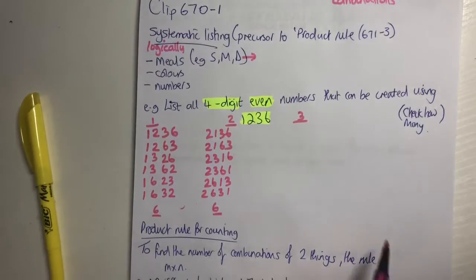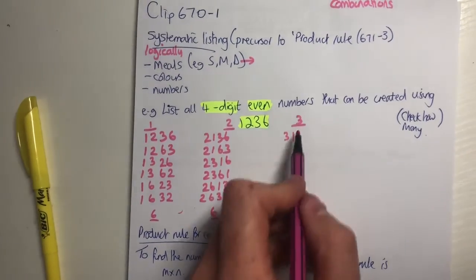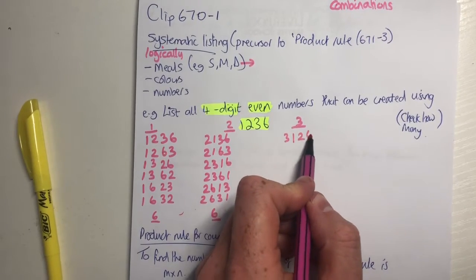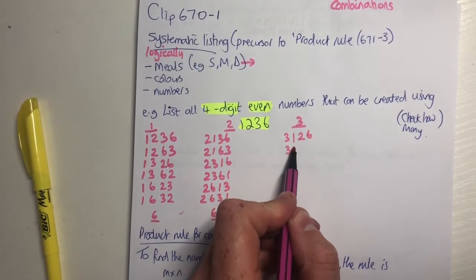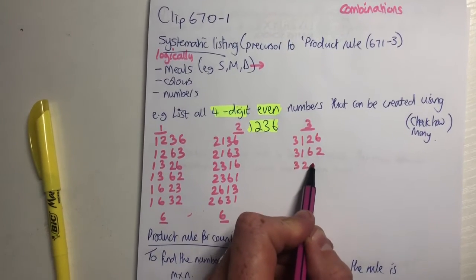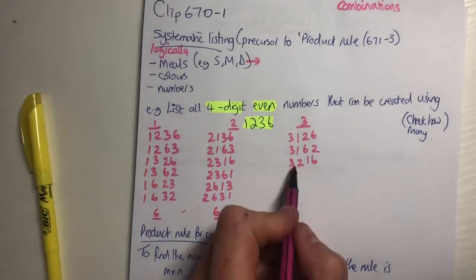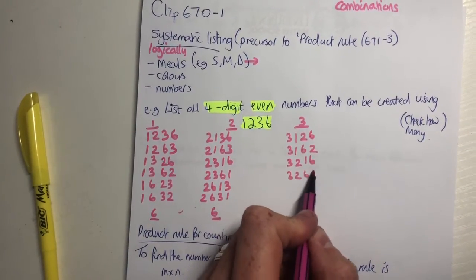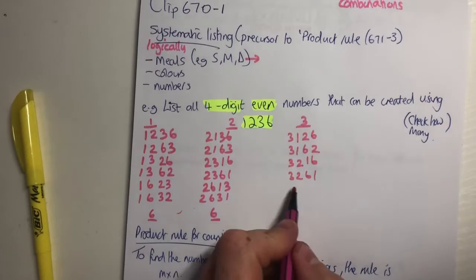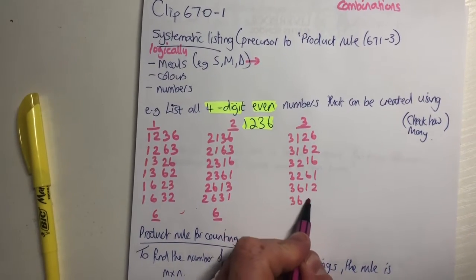So let's start with 3, then in numerical order. 3, 1, 2, 6, 3, 1, 6, 2. Then use the 2, 3, 2, 1, 6, and 3, 2, 6, 1. And then the 6, 3, 6, 1, 2, 3, 6, 2, 1.